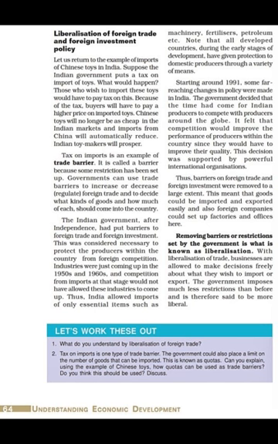Industries were just coming up in the 1950s and 60s, and competition from imports at this stage would not have allowed our industries to come up or even survive. Thus, India allowed imports only of essential items like fertilizers, petroleum, and machinery. That's it. Otherwise, we made our economy closed after independence.